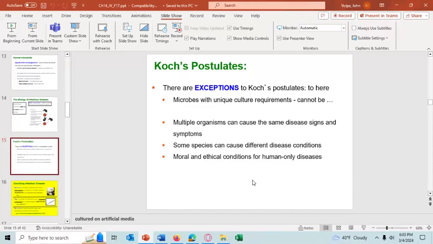It's getting some requirements from the rabbit, but not all of them. Don't ask me what the requirement is, but it can cause syphilis in the rabbit, but only for a short time, a few generations. And I assume that's generations of bacteria, but I don't know. It might be generations of rabbits.